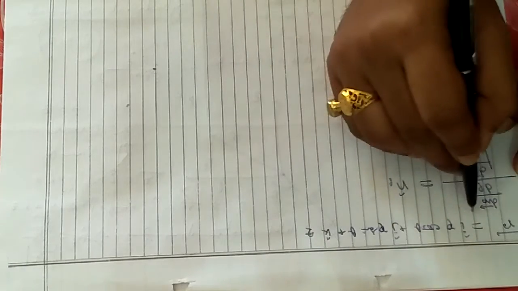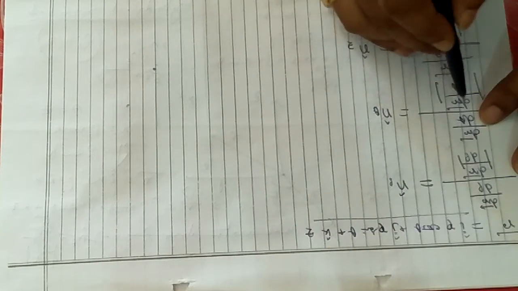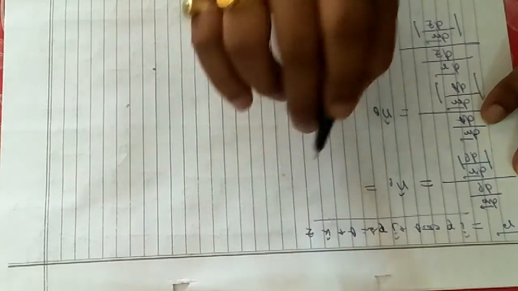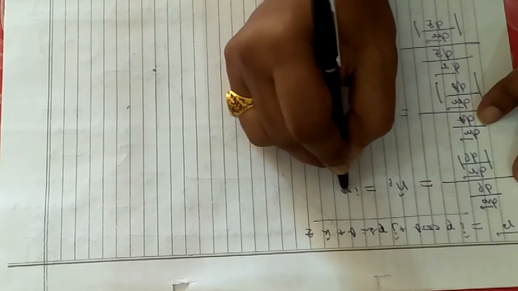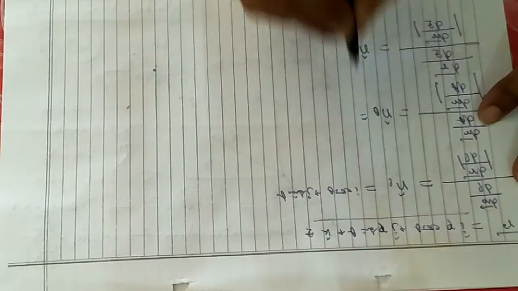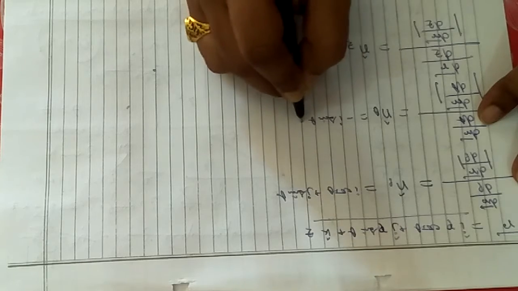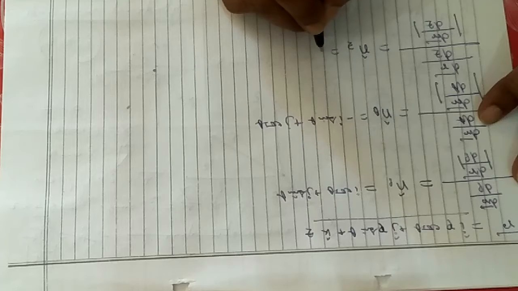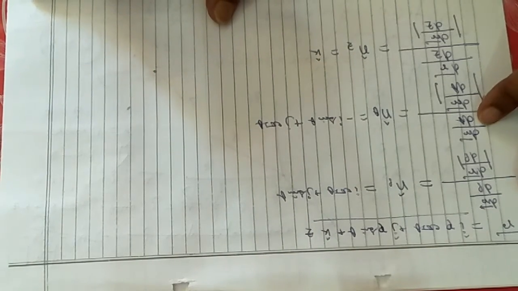This is so simple to calculate. You only have to differentiate first with respect to rho, then with respect to theta, then with respect to z. You can see the calculation in any book. You will get n rho cap equal to i cos theta plus j sin theta, and for n theta cap you will get minus i sin theta plus j cos theta, and nz cap will be equal to k cap.